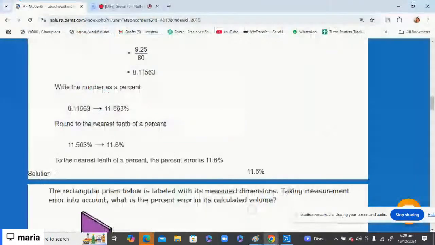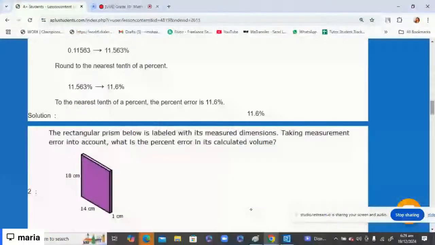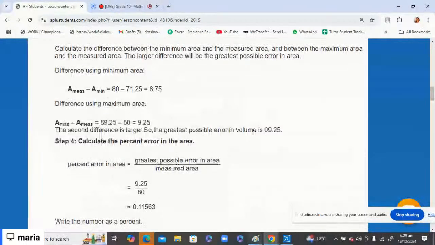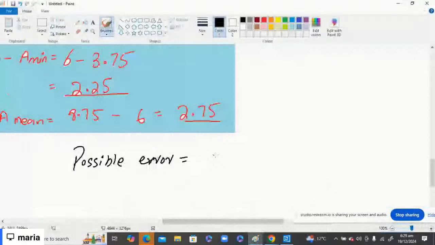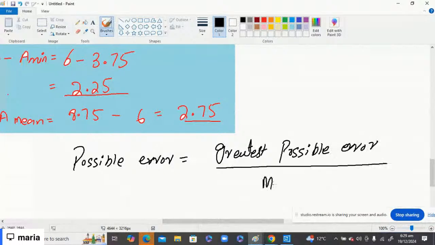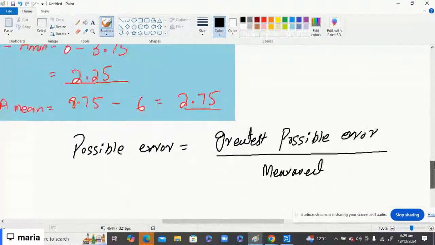So for the possible error, we do greatest possible error in the area over the measured area. What is the greatest possible error?